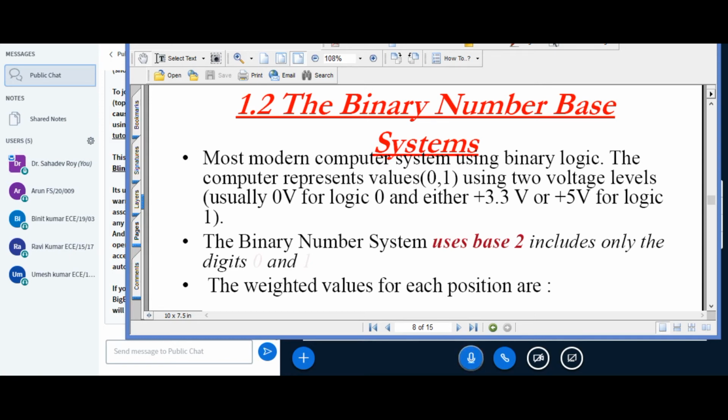High voltage consumes high power, because the formula of power is volt into ampere. From this equation, it's clear that if I use high voltage, the power consumption is very high for the transition between 0 and 1.